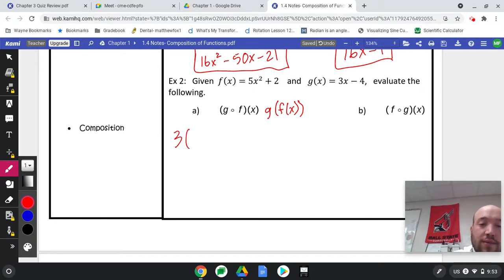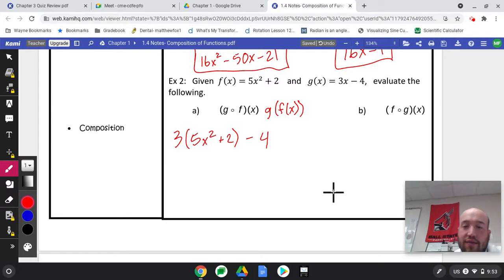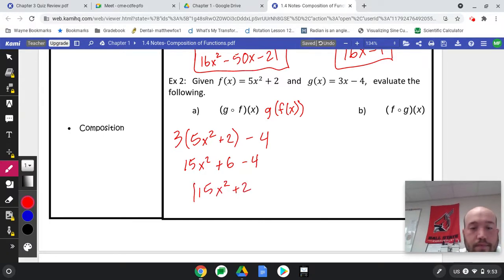So 3 times that 5x squared plus 2 takes that spot. Don't forget then minus 4. We get that from the end here. So we distribute that: 15x squared plus 6 minus 4 results in 15x squared plus 2.